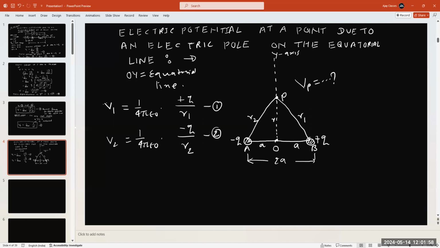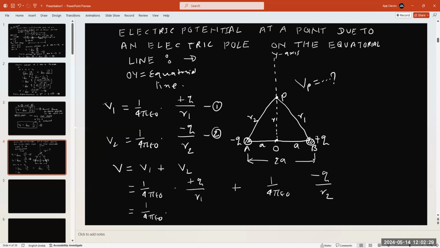And put the total potential as V1 plus V2, by putting 1 and 2: 1 upon 4 pi epsilon naught, positive charge at a distance R1, and 1 upon 4 pi epsilon naught, negative charge at a distance R2. Take the common term 1 upon 4 pi epsilon naught, and the charge common, and you may write 1 upon R1 minus 1 upon R2.